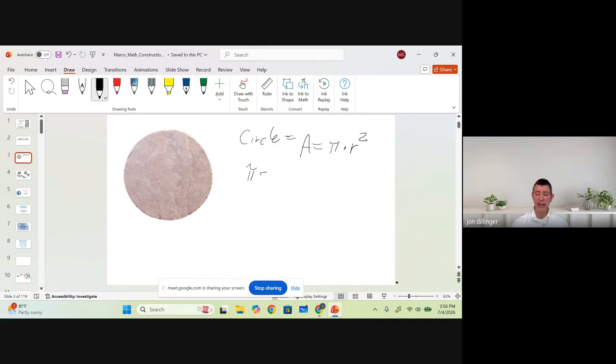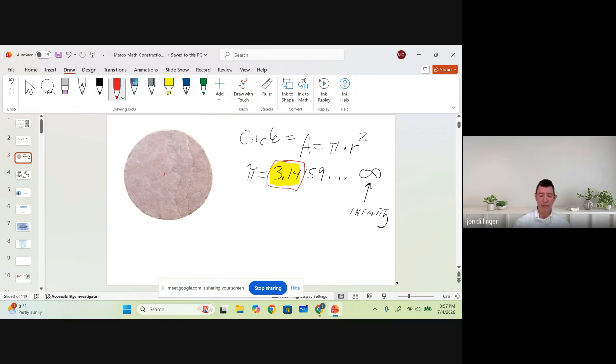So pi is equal to 3.14159, and it goes on for infinity. But for construction purposes, all you need to know is that pi is equal to 3.14. This is the area of a circle.